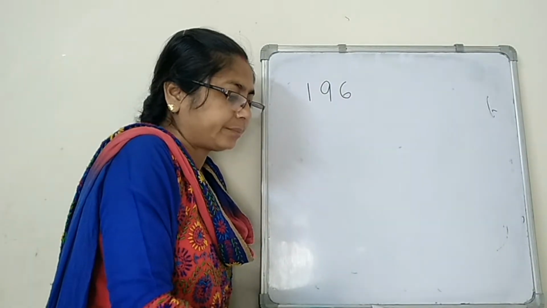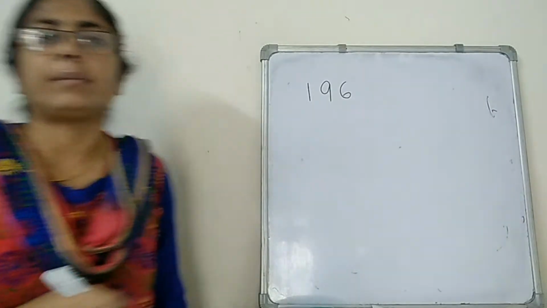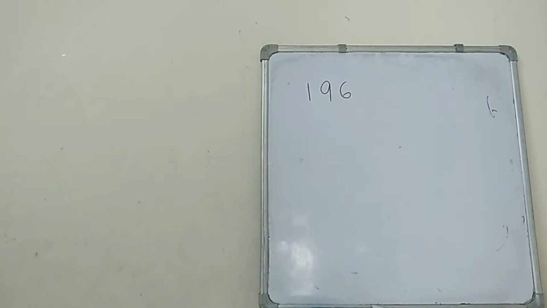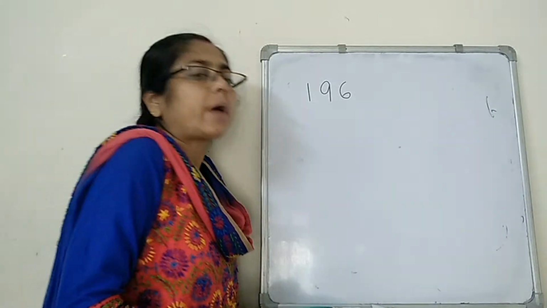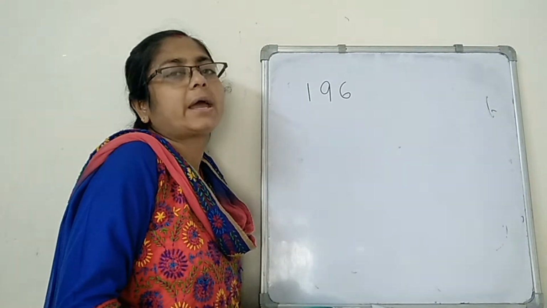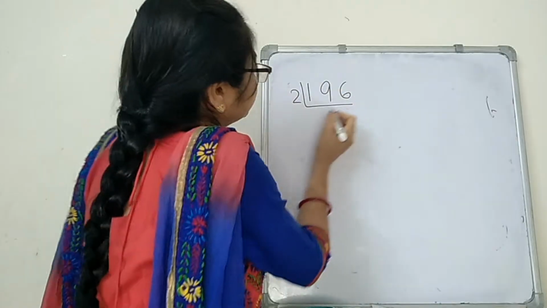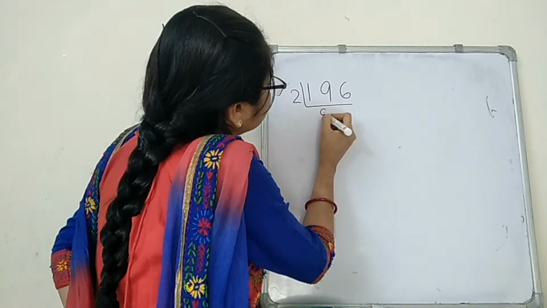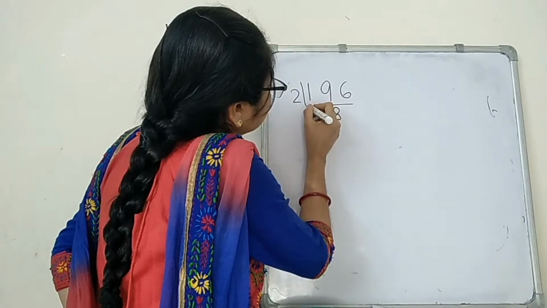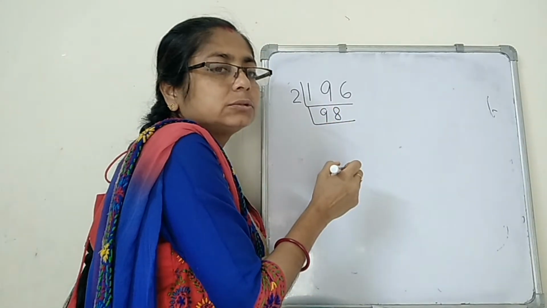I give you 2 minutes. You find out the square root of that number. You can do the division method, but today I am practicing only the factorization method. Everybody practice. Start to do alone.